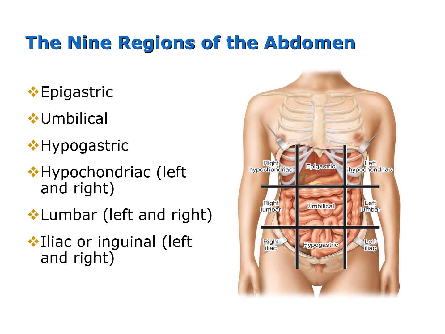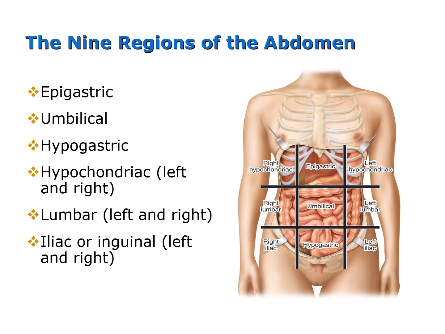We have the right hypochondriac area that will be the projection of the liver and the gallbladder. We'll have the left hypochondriac area where we'll have part of the stomach and mainly the projection of the spleen. For the middle part, we'll have in the middle the umbilical area where we have the projection of the small bowel. Most of the pain felt in this area is related to the small bowel.